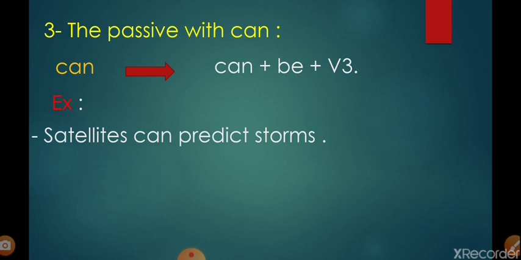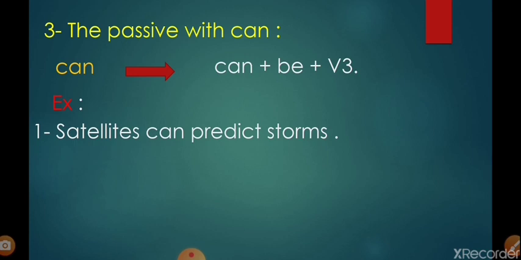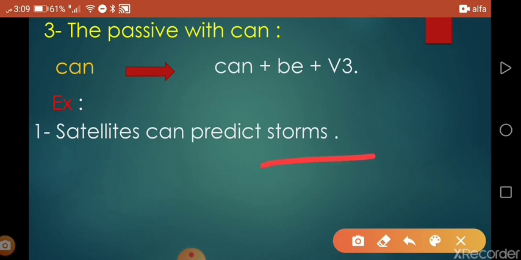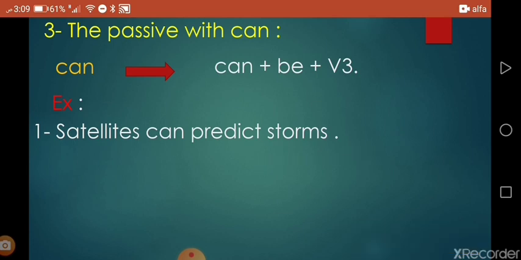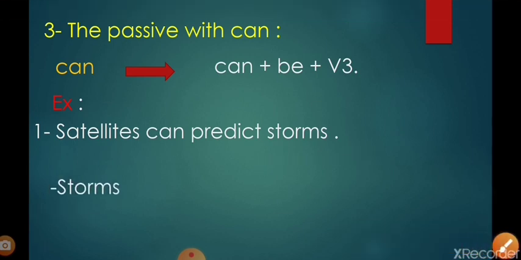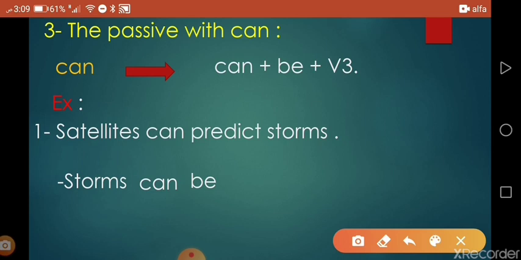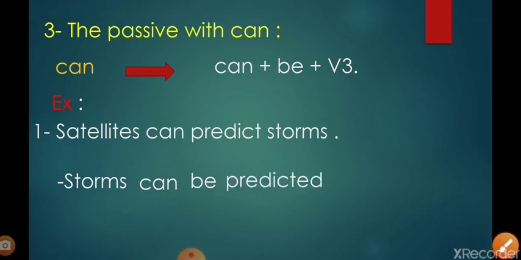Satellites can predict storms. As we learned, where is the object? It's storms. So we put it first. Then we put can be and the verb 3 from the verb predict, which is predicted.